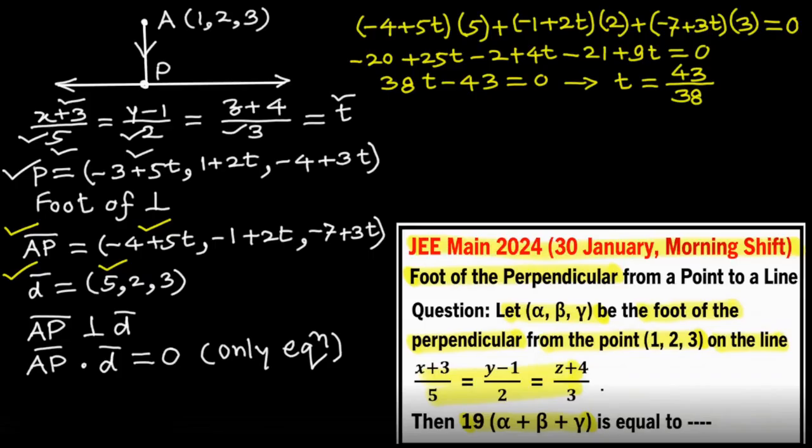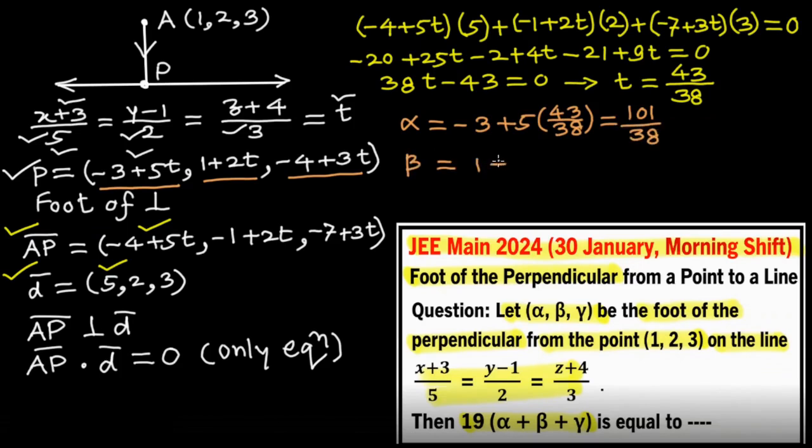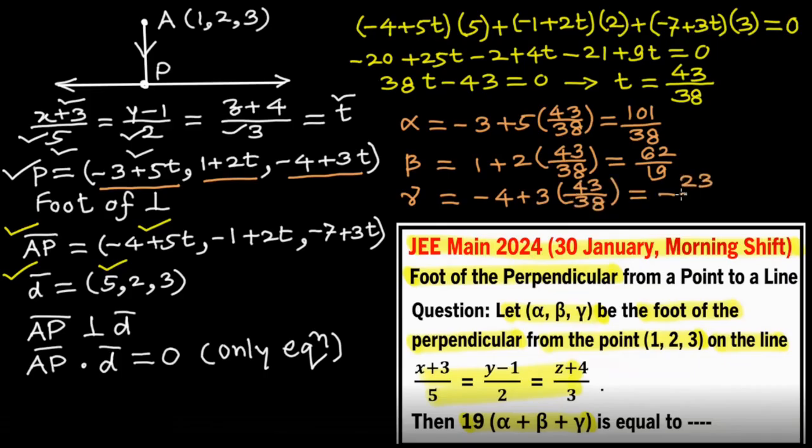Now we will find the coordinates of the foot of the perpendicular. This is alpha, this is beta, this is gamma. Alpha equals minus 3 plus 5 into 43 upon 38, 101 upon 38. Beta, 1 plus 2 into 43 upon 38, 62 upon 19. Gamma equals minus 4 plus 3 into 43 upon 38, minus 23 upon 38.